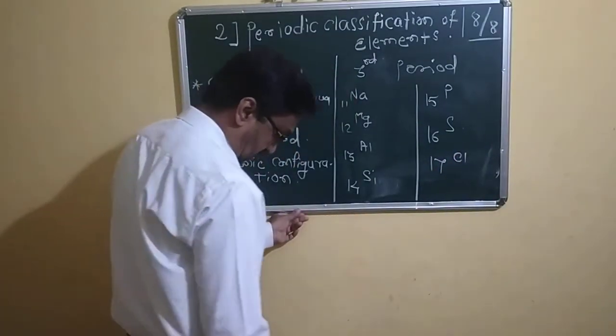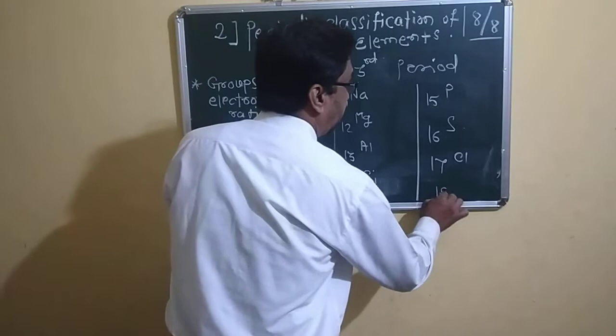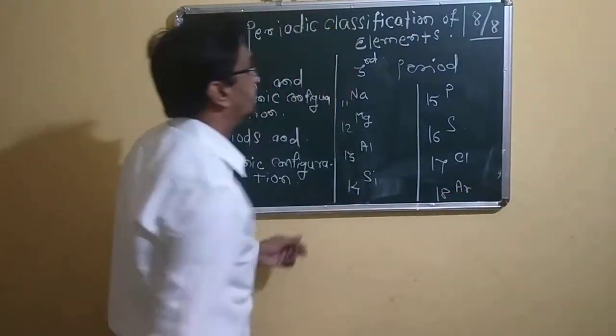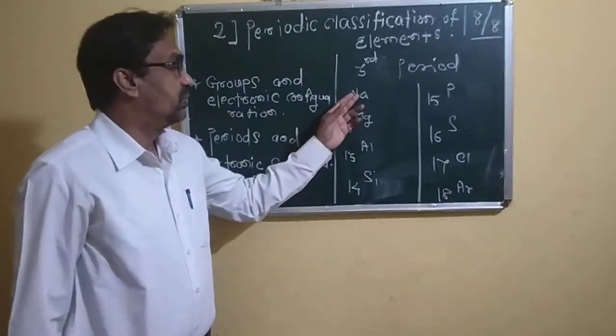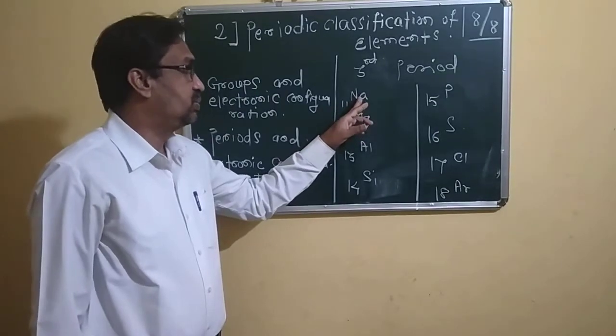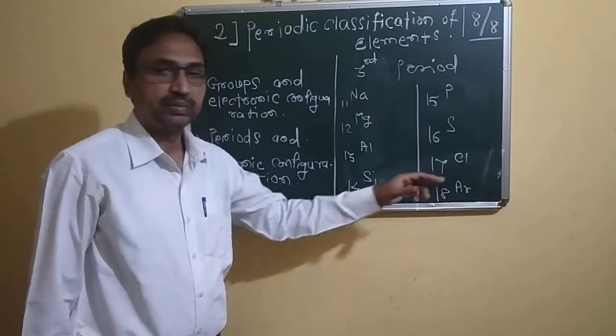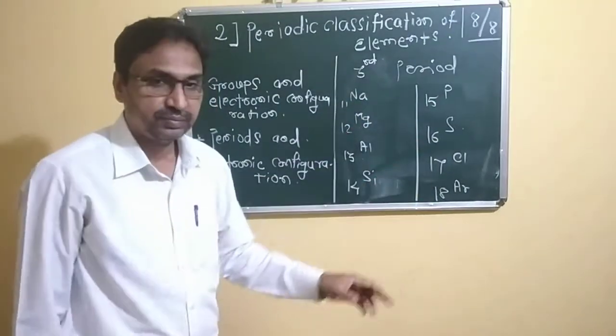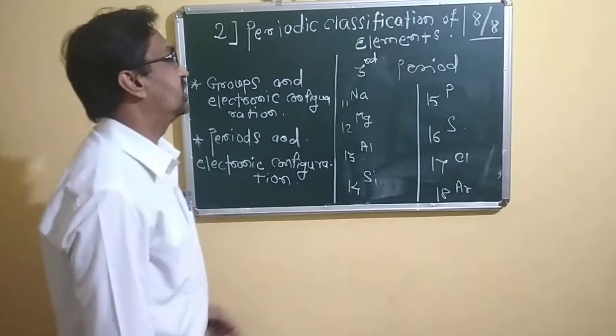And 18, argon. Okay, we just write down the symbol of every element and its atomic number. So we have to find out its electronic configuration.